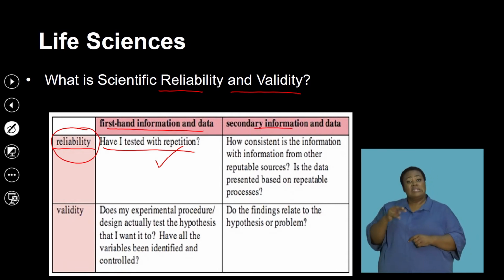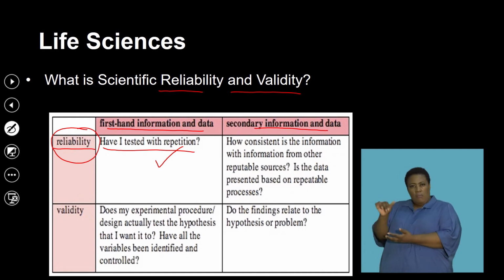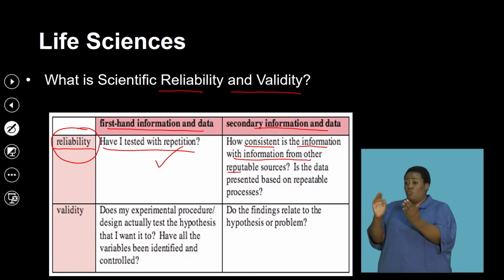In secondary information and data, so that means if you're doing research through information and collecting data from different sources, how consistent is that information from other reputable sources? Is the data presented based on repeatable processes?